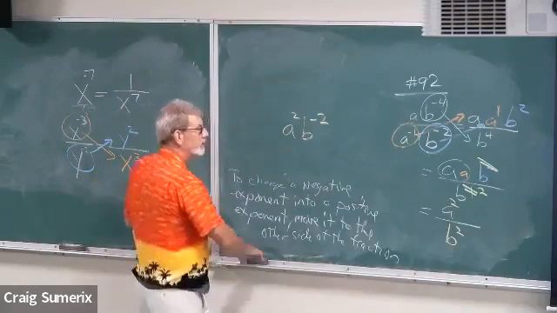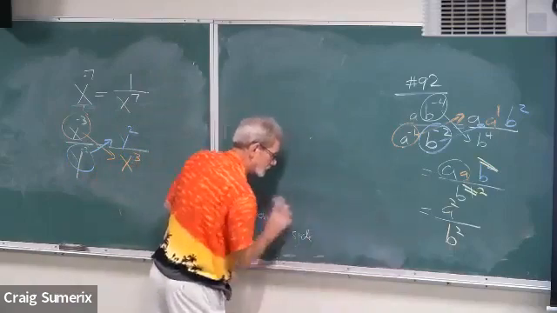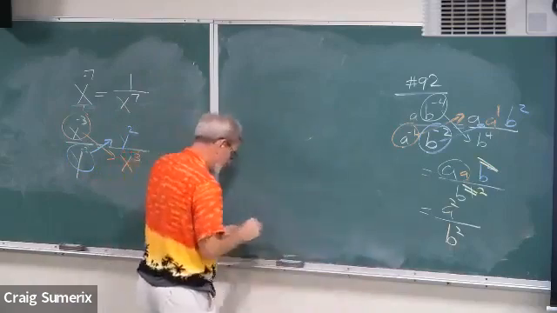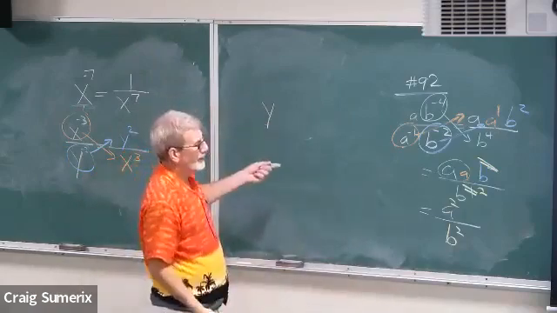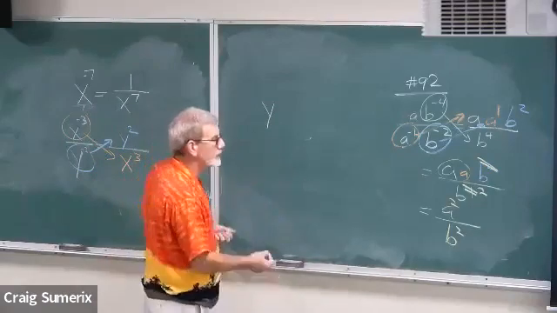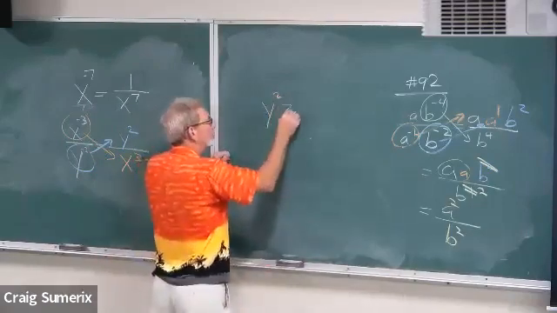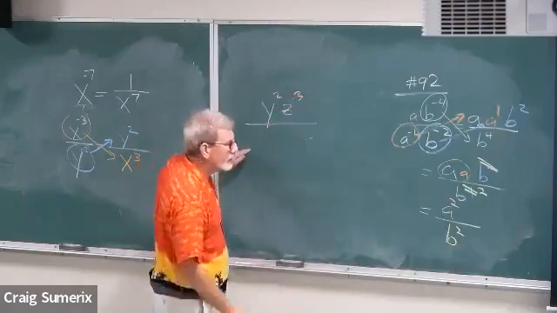How about something like 91? I'm just going to leave out the numbers. Because you could, 21 divided by 3, you could handle that, right? So let's just look at the exponent. Y to the second, z to the -3rd? And let's see.